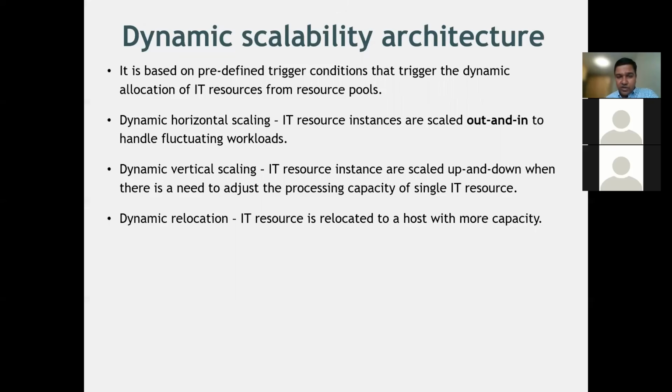If we are going for dynamic horizontal scaling, we are adding resources one after another horizontally, and that can be done both as scale out and scale in for handling different kinds of workload. We can also have dynamic vertical scaling. As we saw in our last lecture on Friday, scaling is of two types, horizontal and vertical.